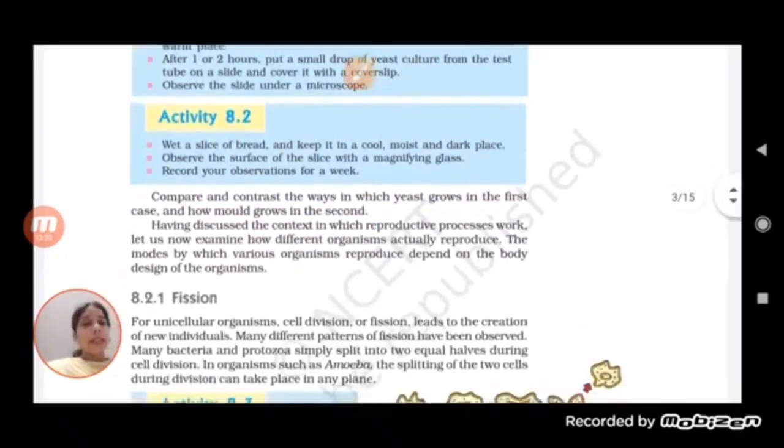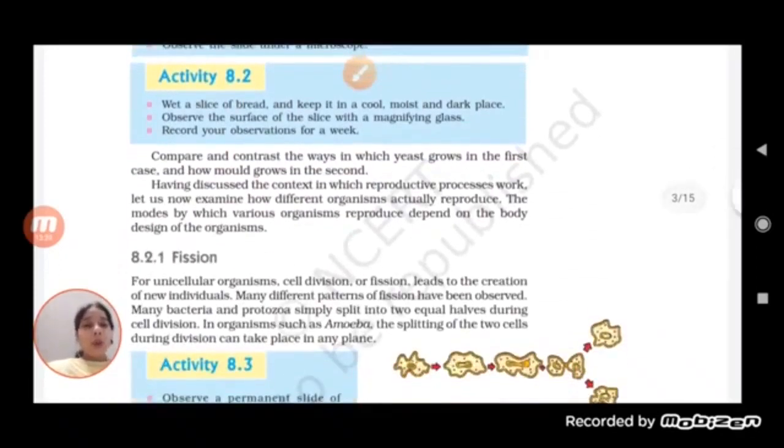There are a lot of organisms which show asexual reproduction. A means no, and sexual means the sexes involved in it. Since no sexes are involved, it is asexual reproduction.